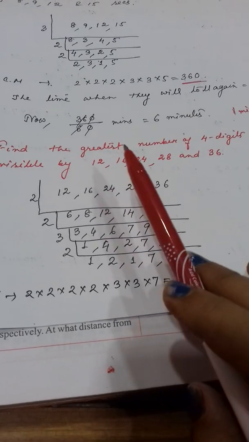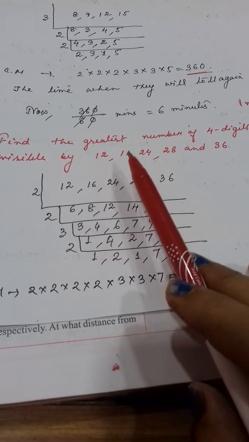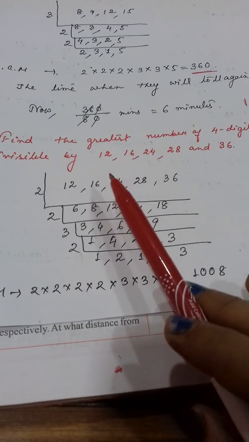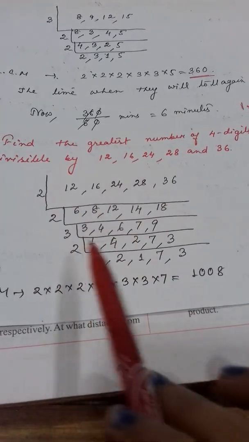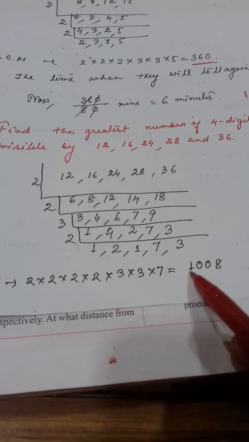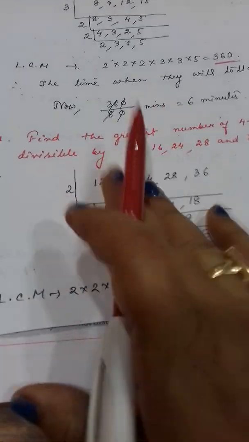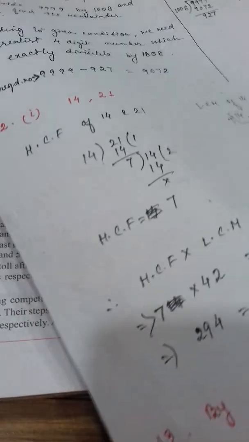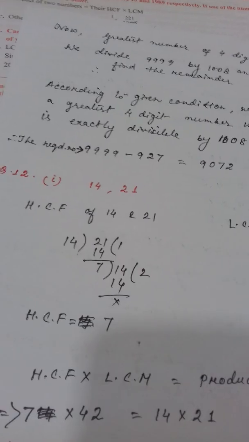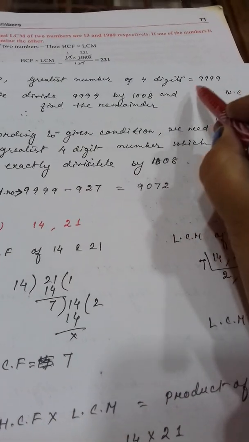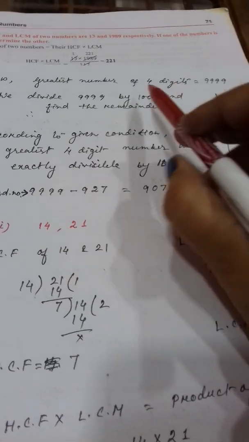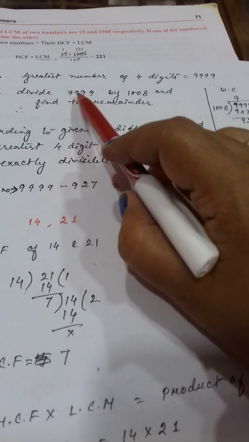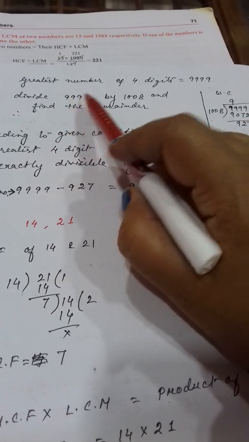There is a difference between the questions, so try to understand the question. First, find the LCM. What have you got? 1008. Now, you know the greatest 4-digit number is four nines.